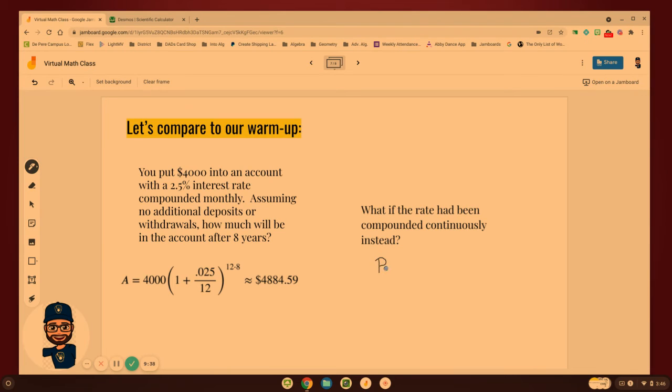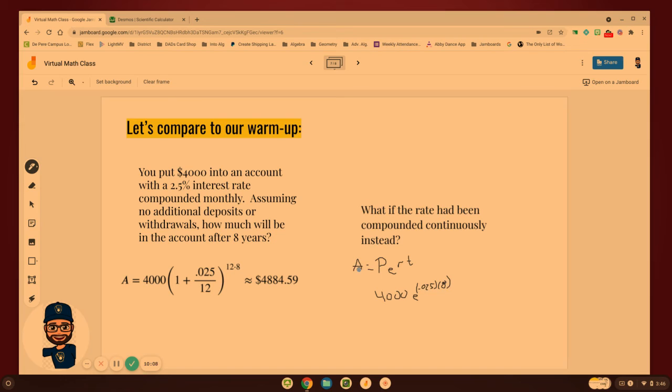Again, the formula is our amount equals P times e to the power of RT. The principal is 4,000 times e to the power of what's our rate? 0.025 times how long? Times 8 years.